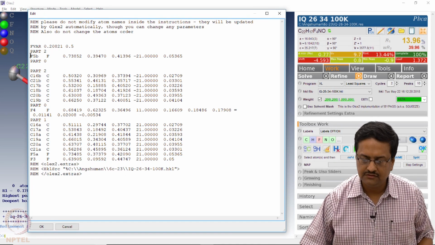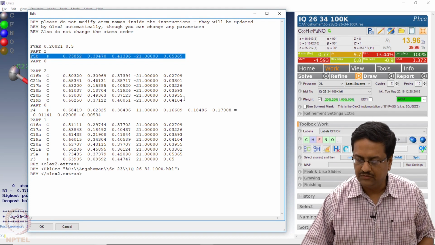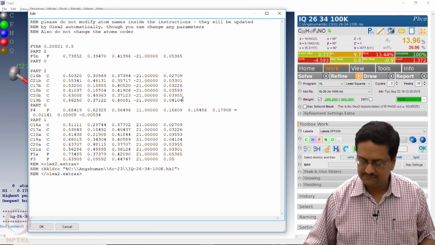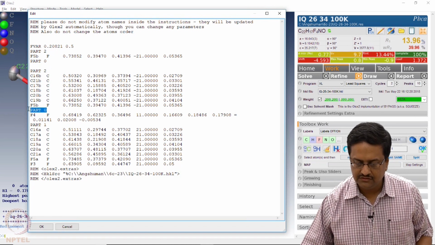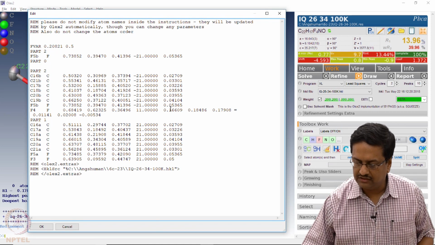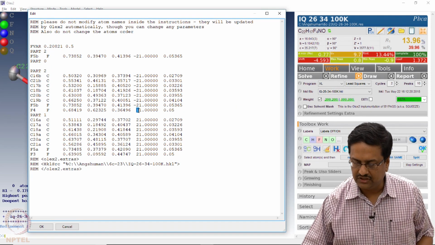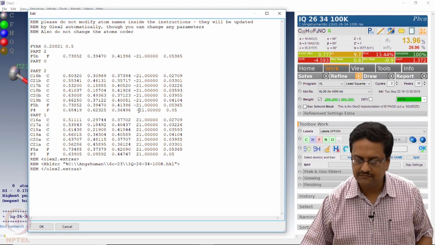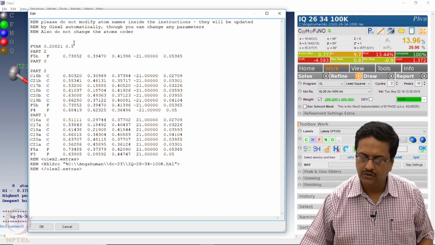Similarly, this atom we bring here, it is already isotropic. F4 goes to the other part and we make it isotropic and make it minus 21, and here it is FVAR 0.5.